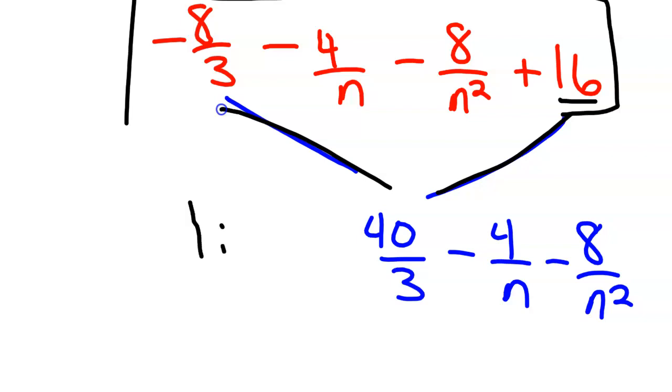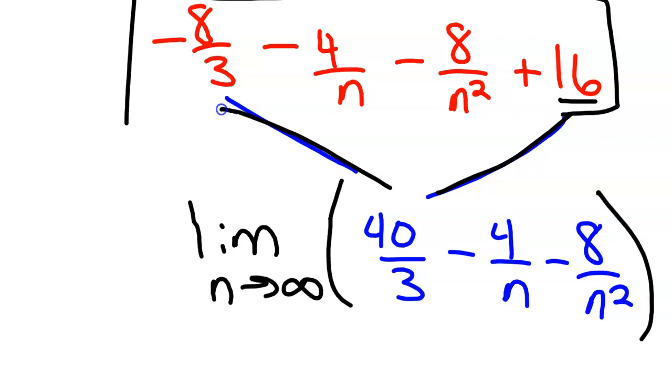And again, we want as many rectangles as we can make. So we will take the limit as n goes to infinity, where n is the number of rectangles, of this function. And you'll notice again what happens. This becomes 0. This becomes 0. Because 4 divided by an infinitely large number is 0. 8 divided by an infinitely large number, also approximately 0.